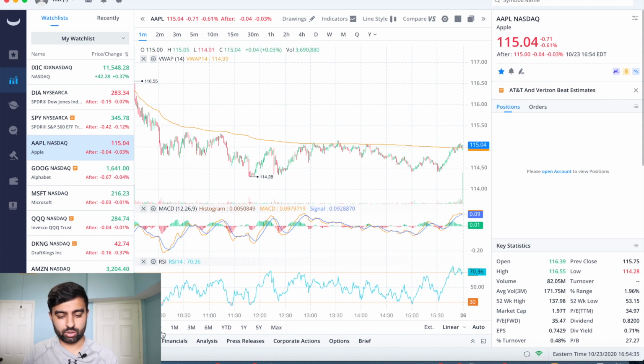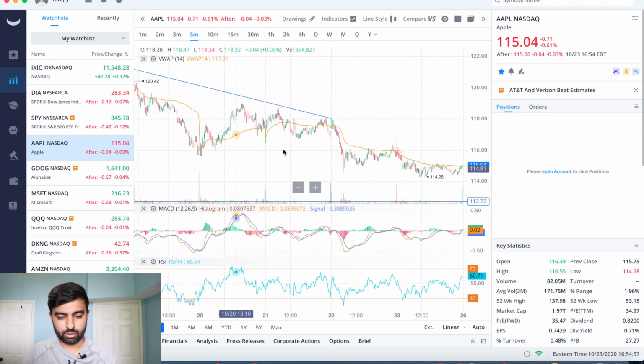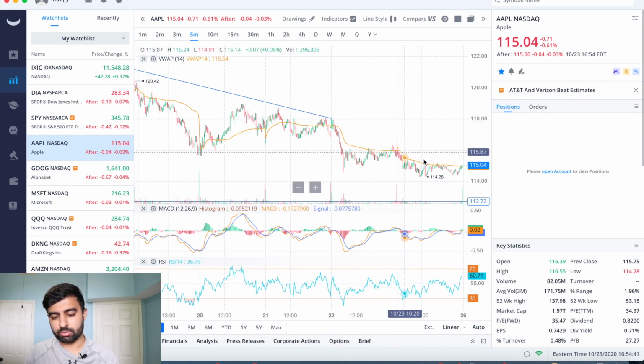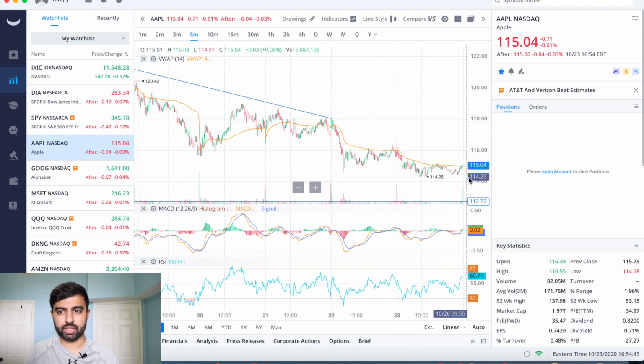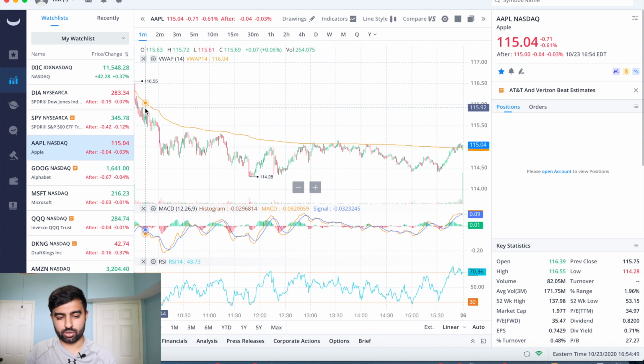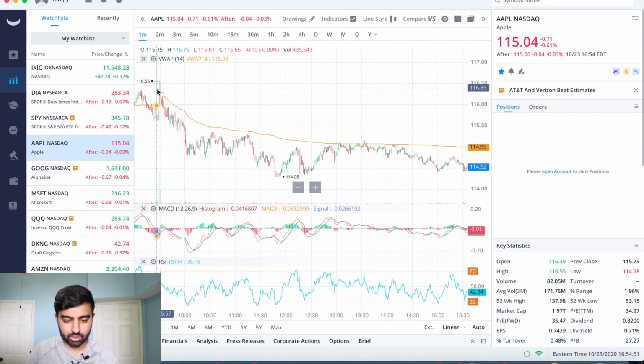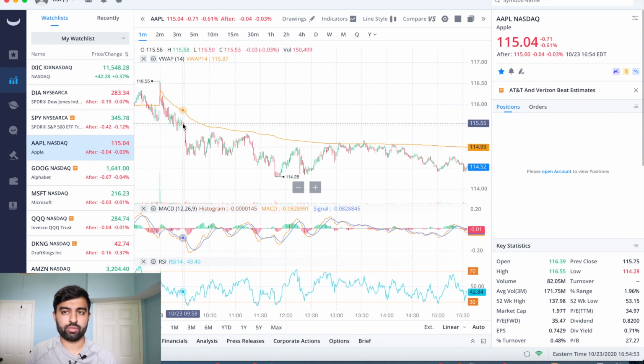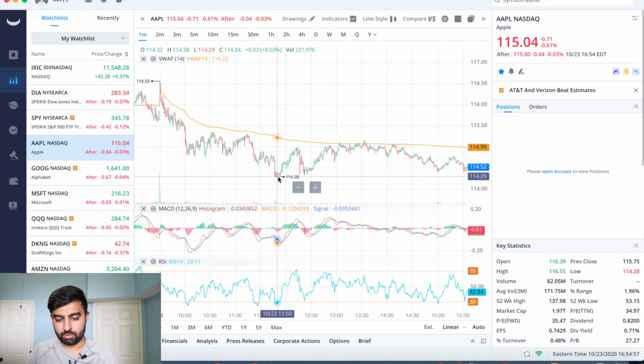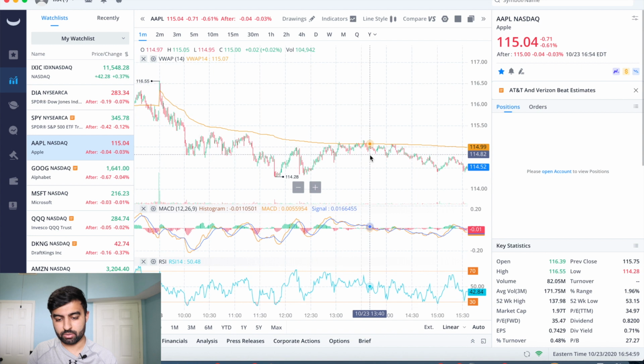Let's take a look at the 5-day chart really quick. As you can see, we've been kind of downtrending. We're making lower highs every day. And then taking a look at the 1-day chart, right? So we started off here with a little gap up, really quickly filled the gap. And then we fell, tried to push back up, fell, pushed back up.